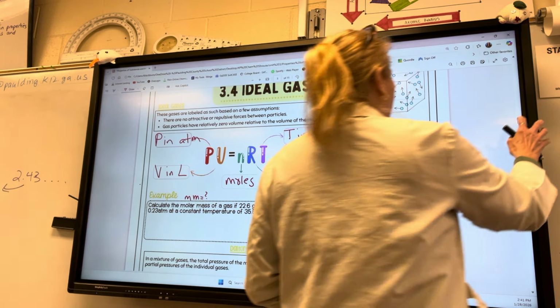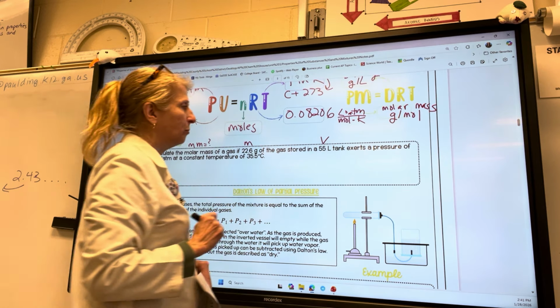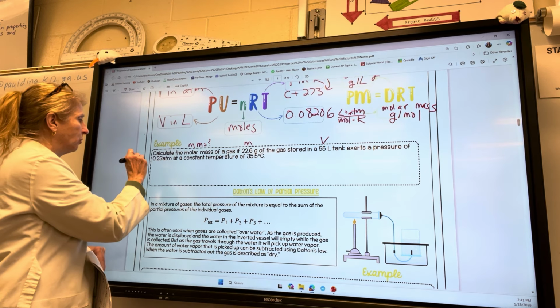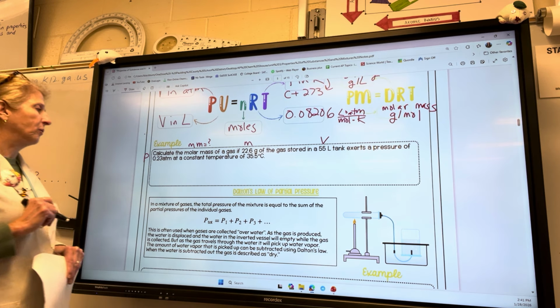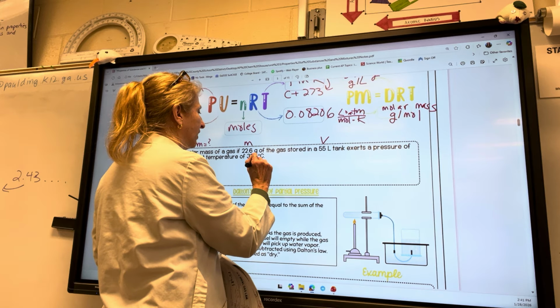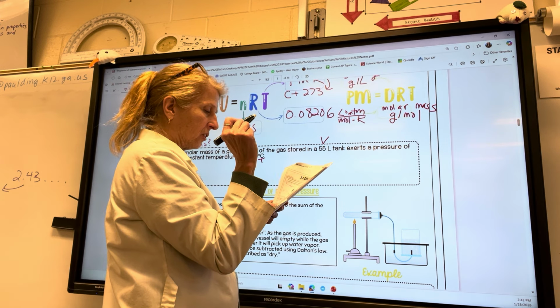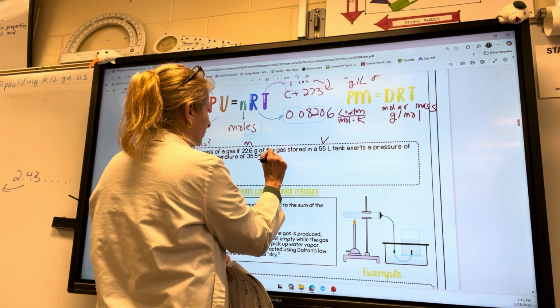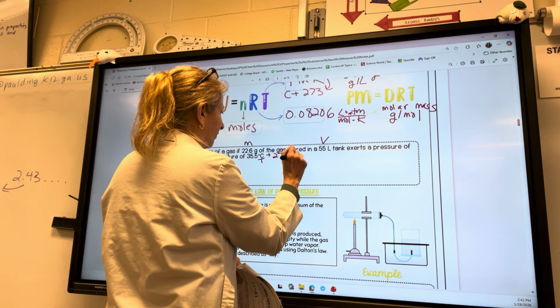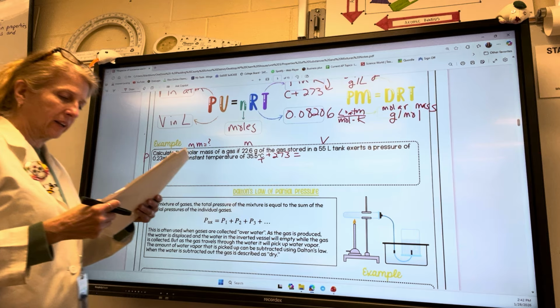Of a gas, if 22.6 grams, that's a mass, of the gas is stored in a 55-liter tank, that's a volume, exerts a pressure, so that's the pressure, of 0.23 atmospheres at a constant temperature of 35.5 Celsius, but I know right off the bat that I need to turn that into Kelvin. So I'm going to do that right off the bat.